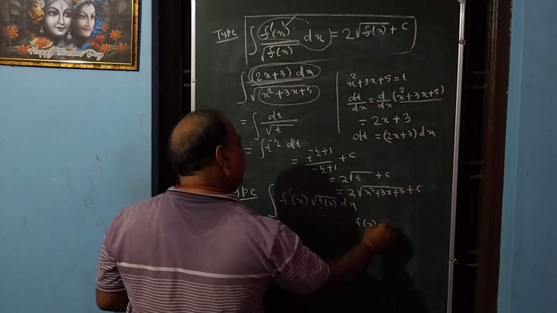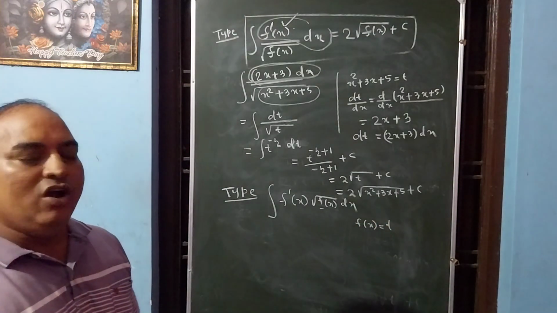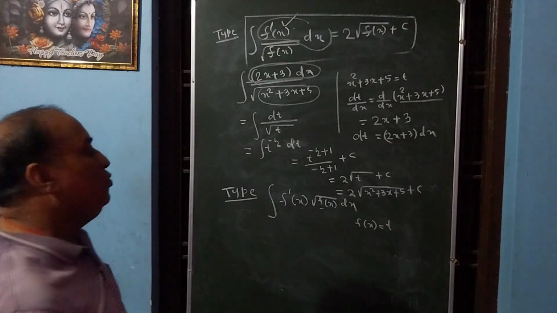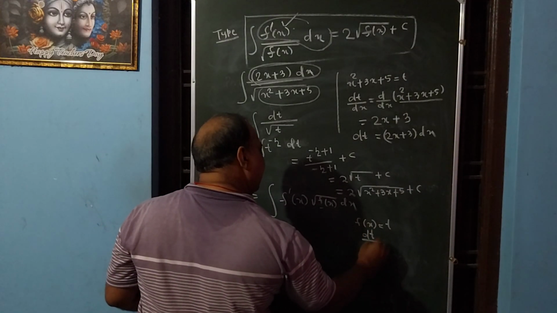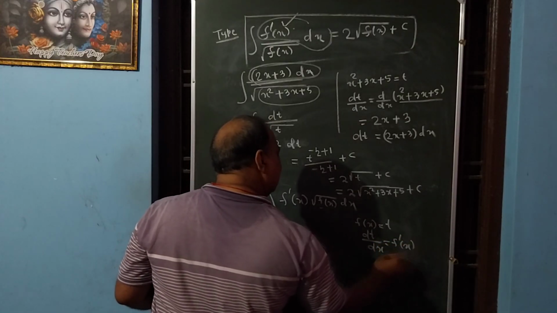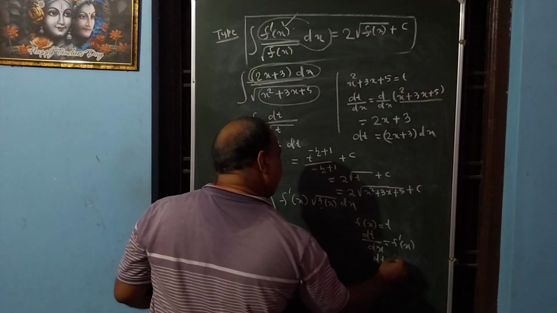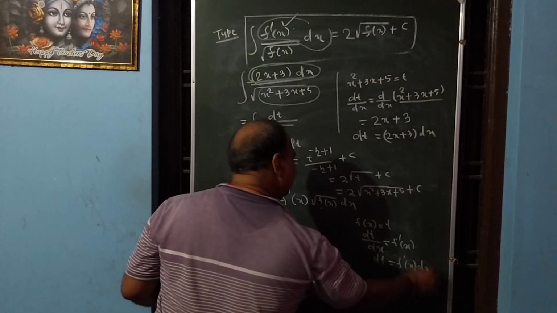Once you take, you have to differentiate on both sides with respect to x. So dt by dx is equal to f dash x. So dt is equal to f dash x into dx.